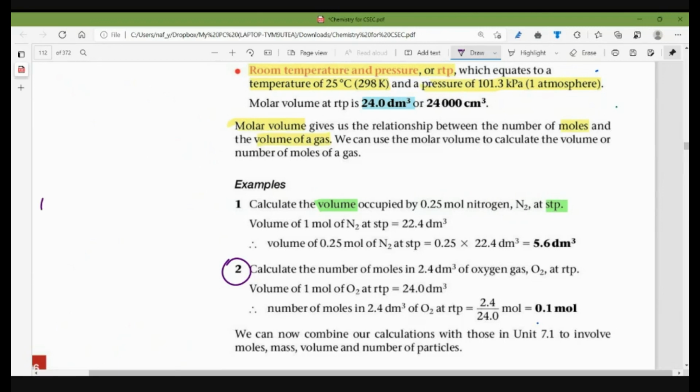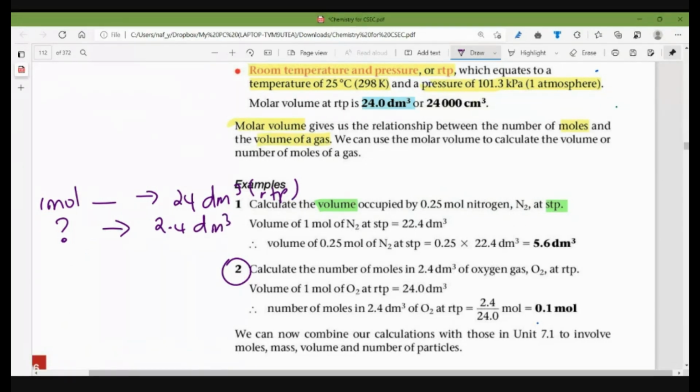You're going to start off with what you know. 1 mole of any gas occupies 24 dm cube at RTP. That's what we know. What they want to know is how many moles there would be if I had only 2.4 dm cube of the gas.